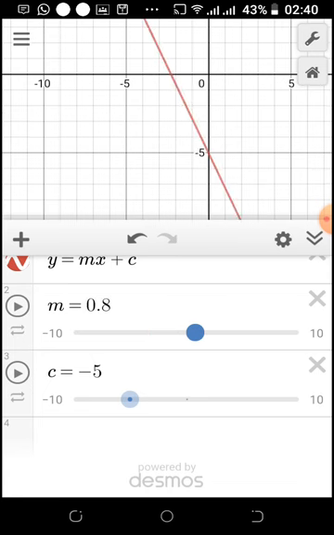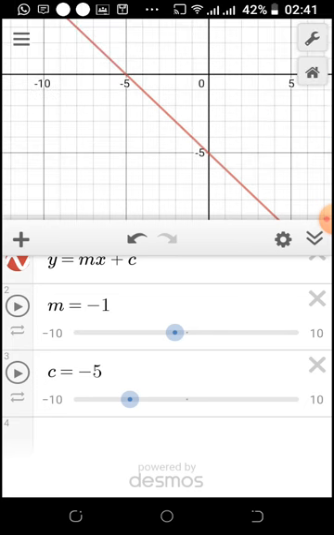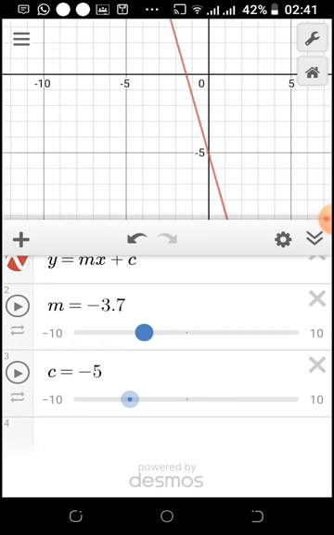Once the value of m is changing, the graph will be changing. Depending on the value of m, the graph will change. The same thing happens to c.